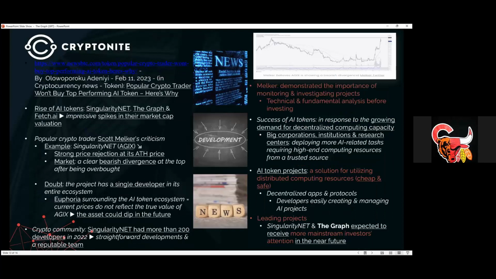Now, some traders are saying that they won't be buying top performing AI tokens because they think that, yeah, it's going to explode, but then it's going to fall back down. I'm not so sure about that because I like the fact that we're very, very far from the all-time high. We're very close to the all-time low. And we see the utility is gigantic. To me, the graph could be one of those coins that will definitely go back to its all-time high and then probably pass it.